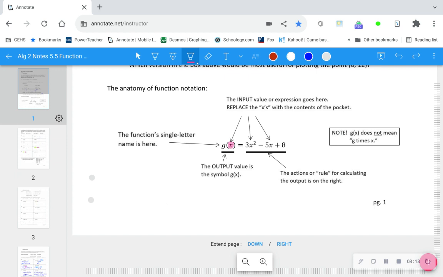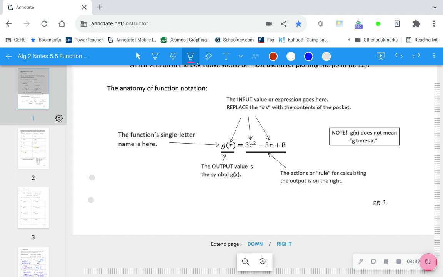The next thing is the little pocket part of it, and that tells you what the input variable or value is. Whatever you put in that little pocket, this is important, has to fill all of those variables. So if it says x in the pocket, then whatever else I put in the pocket, you're going to replace the x's. Then you have the output.